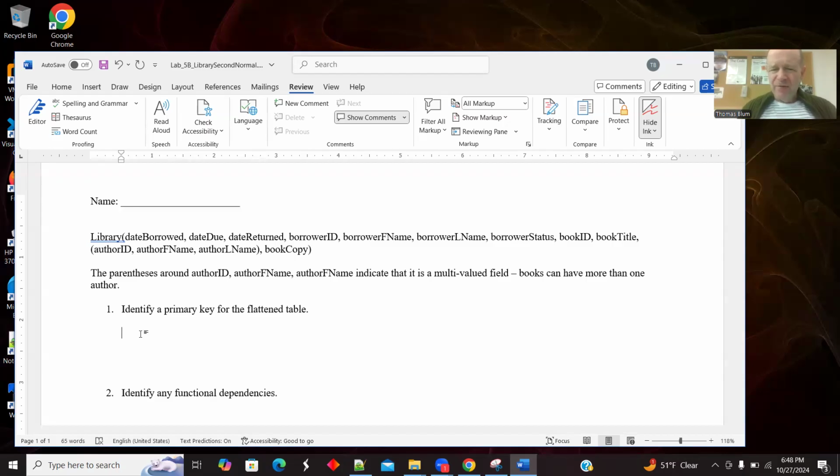If we find some set of fields which would allow us to identify a row uniquely and look up all the other fields, that will make for us a primary key. One rule of thumb is that anything that is repeated is going to need to make some kind of appearance.